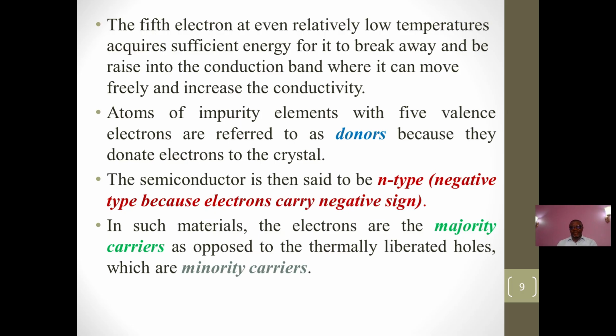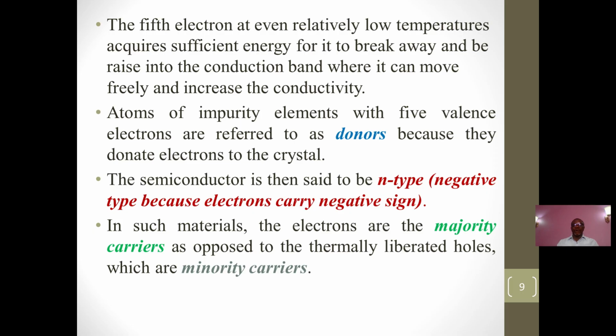In such materials, the electrons are the majority carriers as opposed to the thermally liberated holes, which are minority carriers. It is very important for you to know here and always commit it to memory that in the N-type semiconductor, the electrons, which is the circle with minus inside, which made the name N-type, these electrons are the majority carriers.